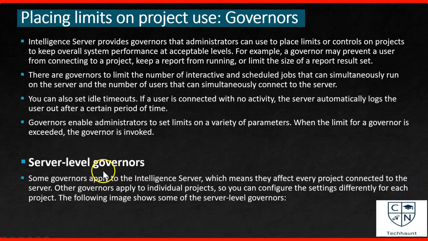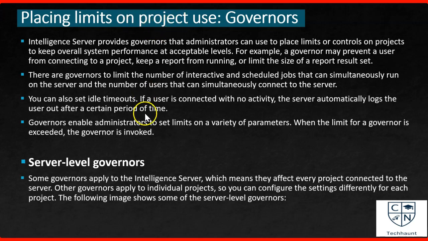Server level governors, we can configure at the intelligence server level, as I told you. We can configure at the intelligence server level as well as the project level. Some governors apply to the intelligence server, which means they affect every project you have on your intelligence server. If you configure a governor at the project level, only that particular project is going to be handled and gets such limitations.